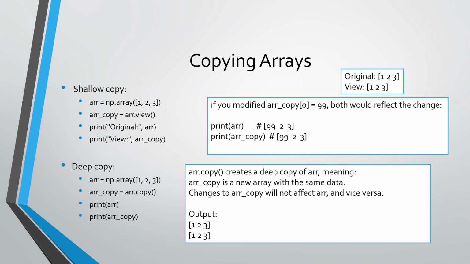Let's say array copy of 0 is equal to 99. That means the element at the 0th index is modified. So instead of 1 we are getting 99. If you print both arrays, you can observe that the change gets reflected in the original array as well.